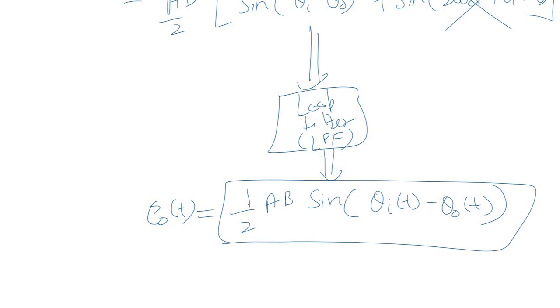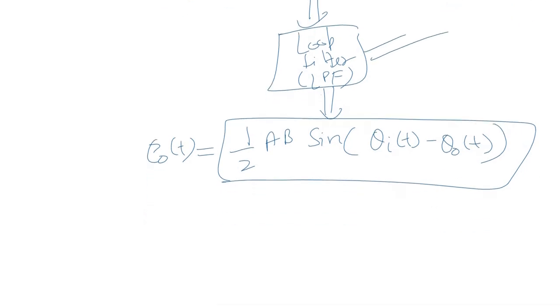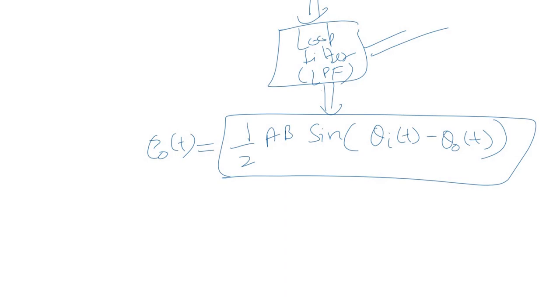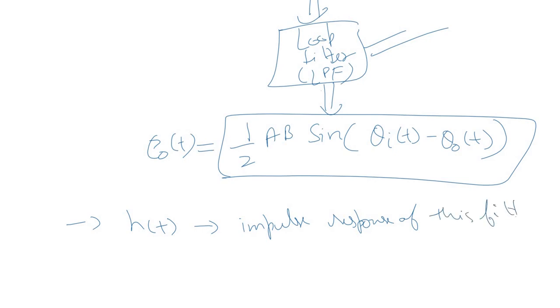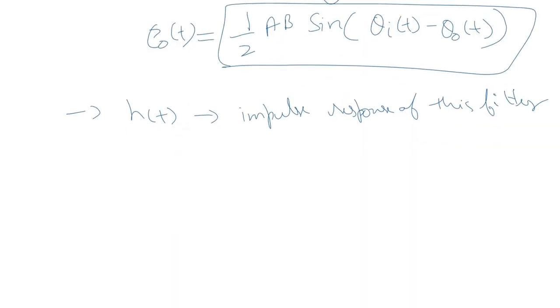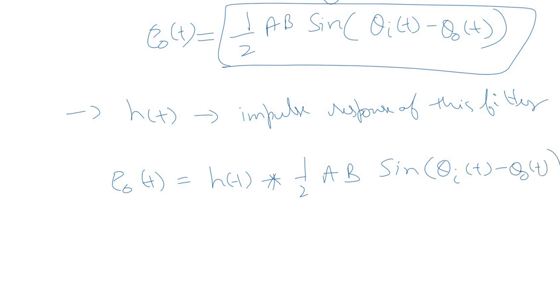Now let us further analyze the working of this loop filter. Let's say ht is the impulse response of this filter. So we can say that E naught t is nothing but ht convolved with 1 by 2 AB sine theta IT minus theta naught t. Okay, just a small correction.